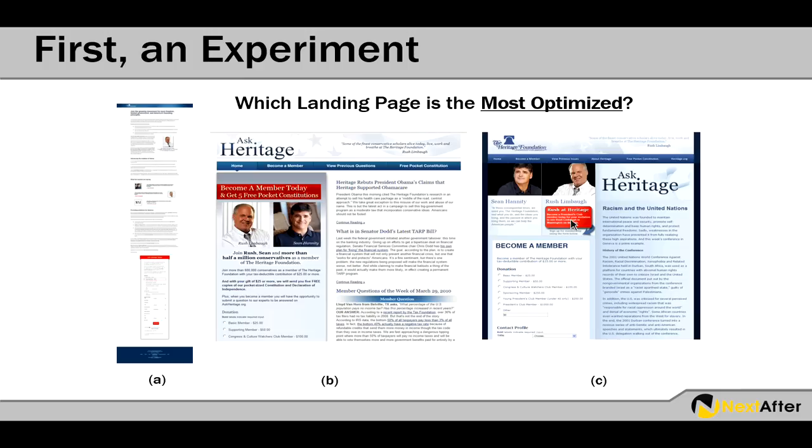I have three versions of the exact same landing page on the screen before you, version A, version B, and version C. I'd like you to look at each of these three versions and tell me which one is optimized, meaning which one is going to produce the best conversion rate or response rate. Is it version A, version B, or version C?